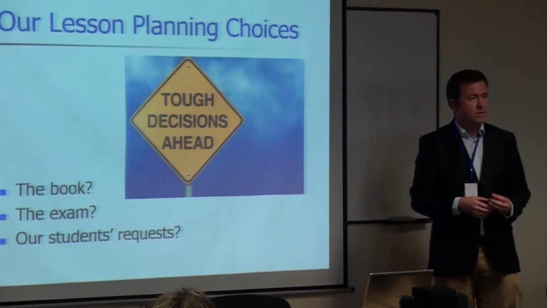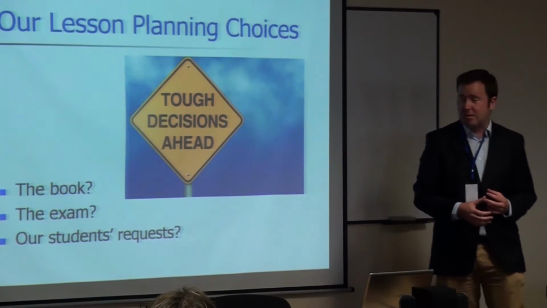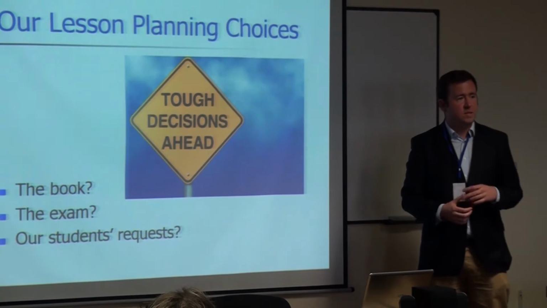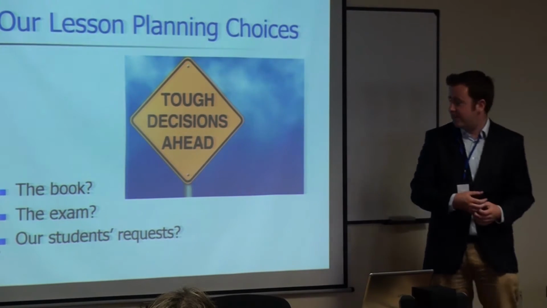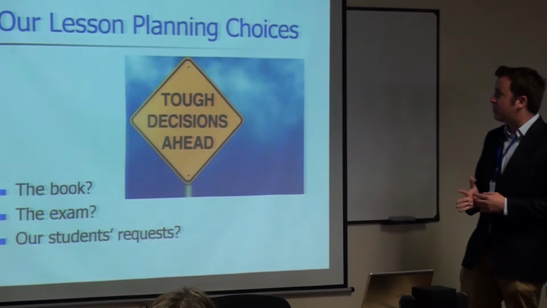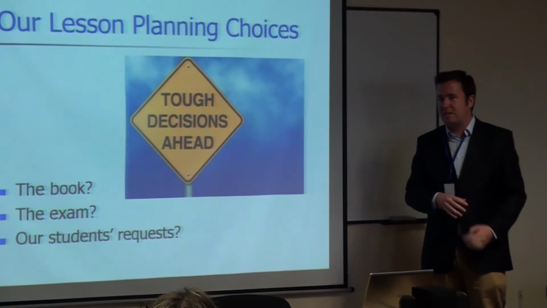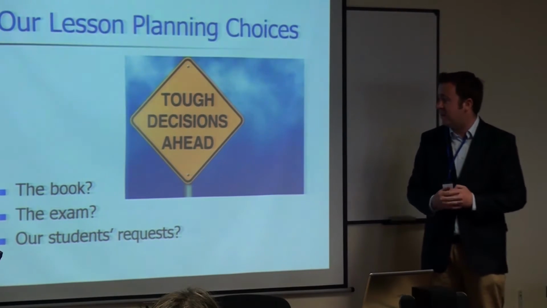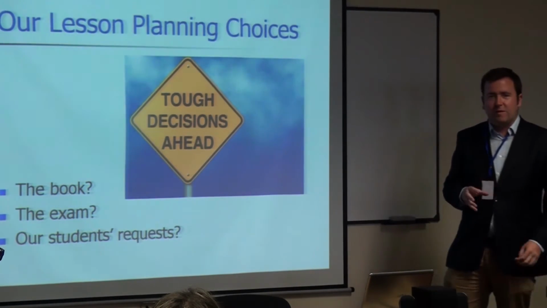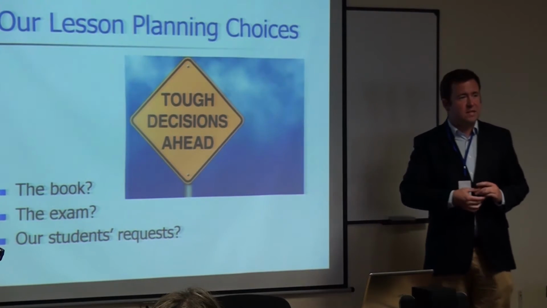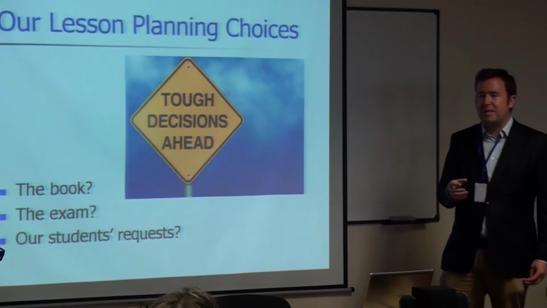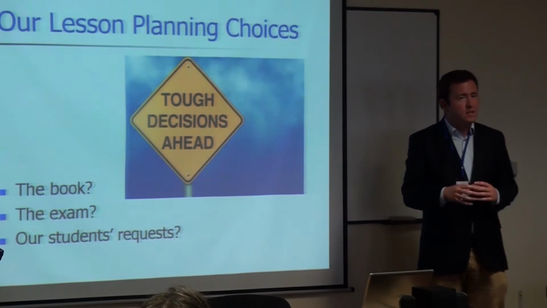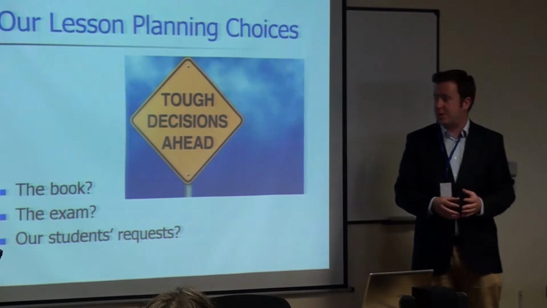The exam, if our students are studying towards a particular exam, and we might also have our students coming to us with specific requests as well, to teach more or less of one particular thing. So when it comes to planning our lessons, we do have to make these decisions every day. What this food for thought error correction technique does is it allows you to use the language that the students actually use in the classroom to help you plan future lessons.